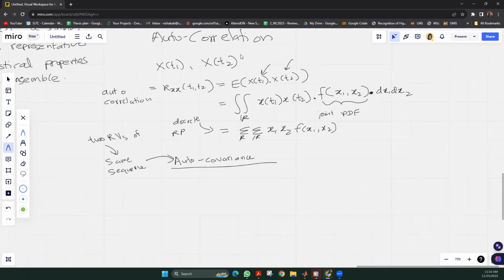So autocovariance we can denote as COV X, and then inside the bracket it should be t1, t2, whatever time instances you have considered, equals the autocorrelation function between t1, t2 minus the expectation at t1 times the expectation at t2.